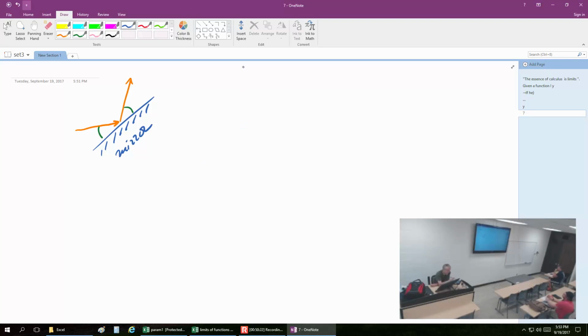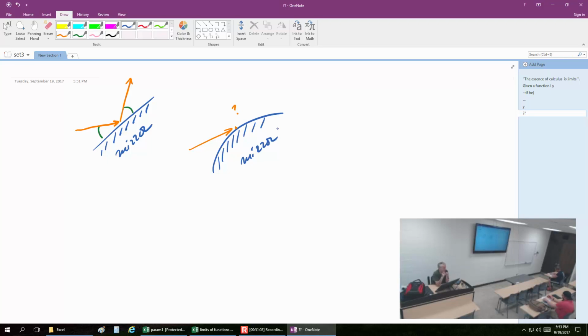So the mirror could be curved. Okay, so if we know that the light hits it at some particular point, how do we know which way it bounces off? So what do we do? Well, we already know what to do.